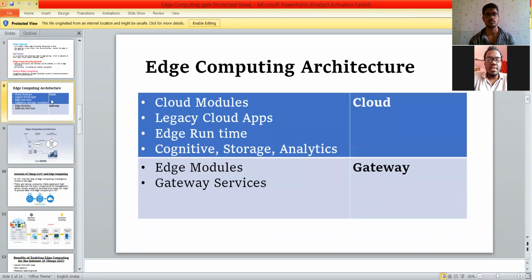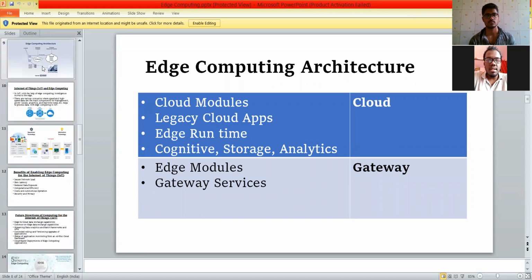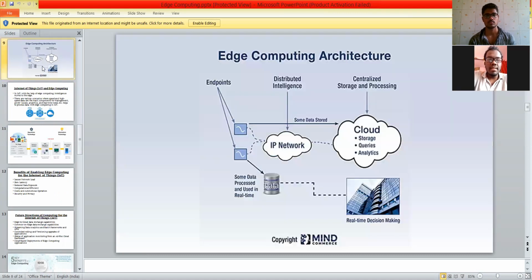If we look at the edge computing architecture, we can use cloud modules, legacy cloud apps, runtime, storage, analytics, edge modules and gateways. That's my point on edge computing.